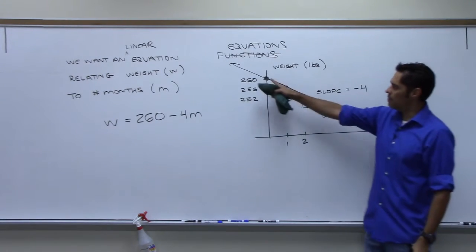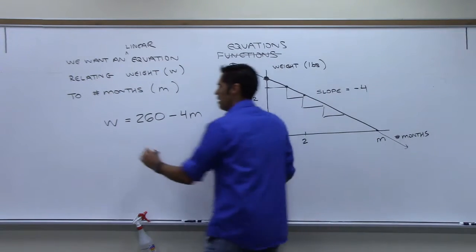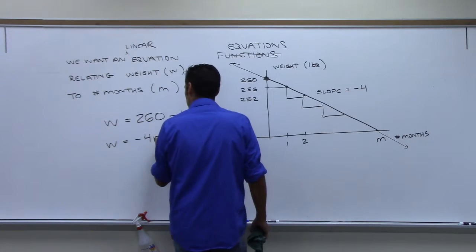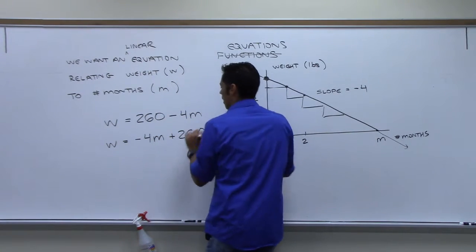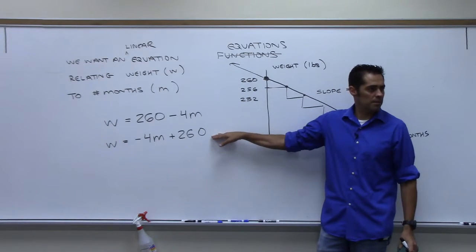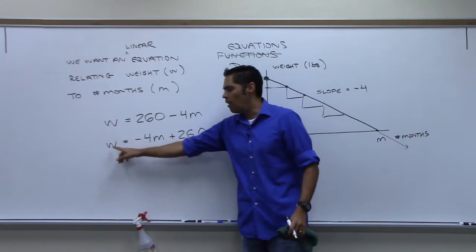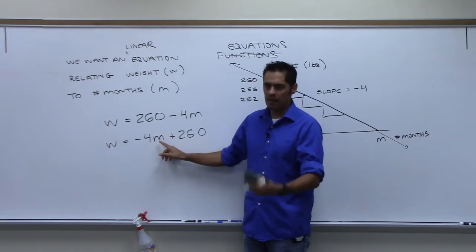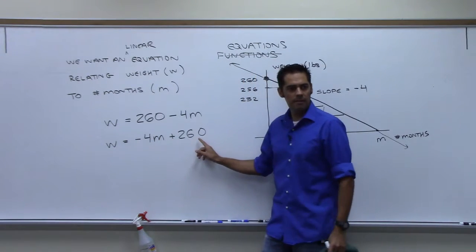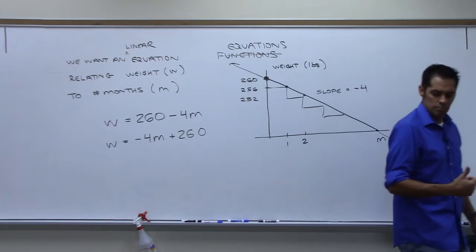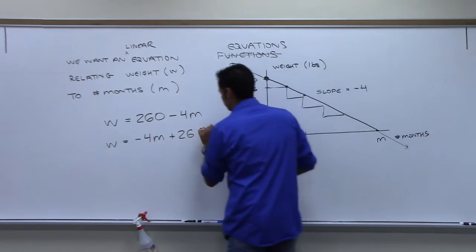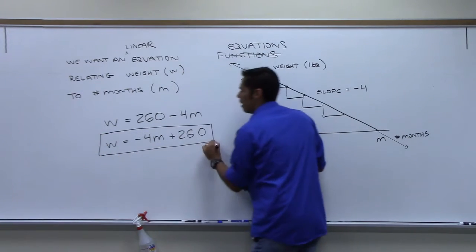And the y-intercept is 260. So you can write it this way, or you can write it more like we did with our y equals mx plus b. That would look more like y equals mx plus b, doesn't it? Y is the W, equals m, negative 4, times x, but x is M, plus 260. Good? No questions? Okay, that's our model. This is our model right here.